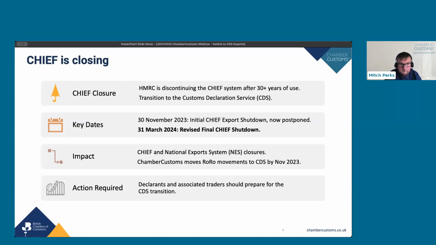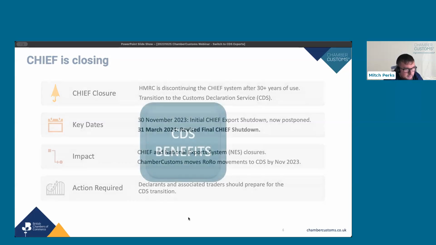But by the 31st of March, it will be closed, and we're not under any illusion that there will be any extensions from the 31st of March. So we have to be prepared. The whole purpose of today's webinar is to provide you that information and let you know where we are currently, what we can do with CDS, and what we're waiting for from an HMRC perspective.